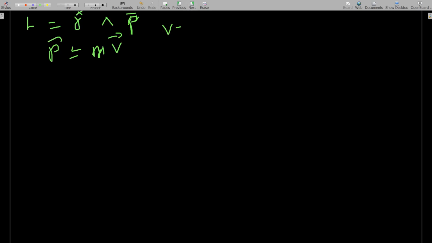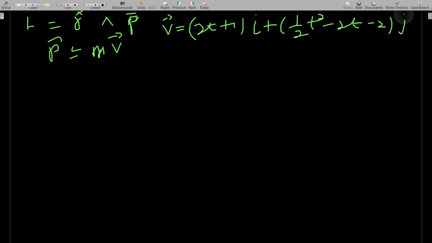So it means that we should evaluate the velocity at time t equals 1 second. Now the velocity is equal to, let me write it well for you, (2t plus 1) i, then the j component is (1 over 2 t squared minus 2t minus 2) j, plus t k. At time t equals 1, the mass is also equal to 1, so my momentum is still equal to v.